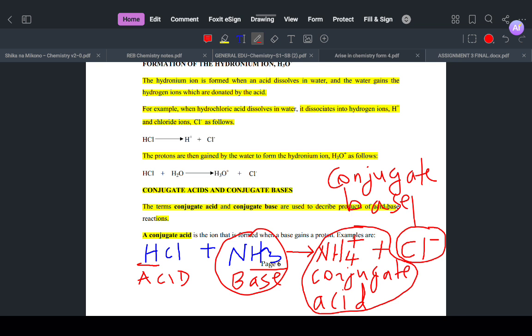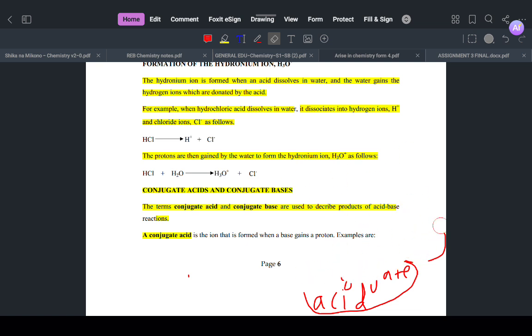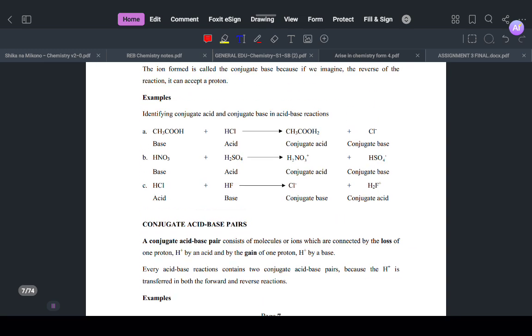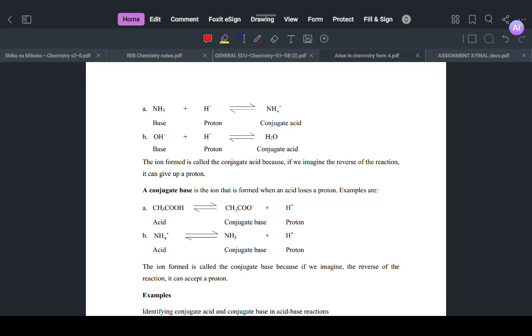I wanted to highlight this very well for you so that you don't miss this when need be in an exam, for you to write down what are called conjugate acid-base pairs. If you have any question, don't hesitate to ask so that we can offer a more concise explanation.